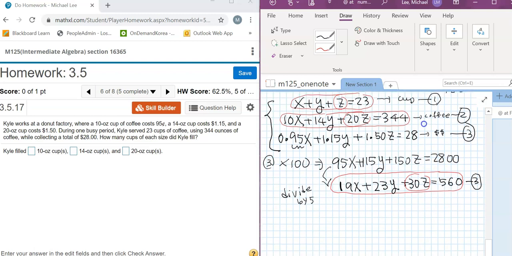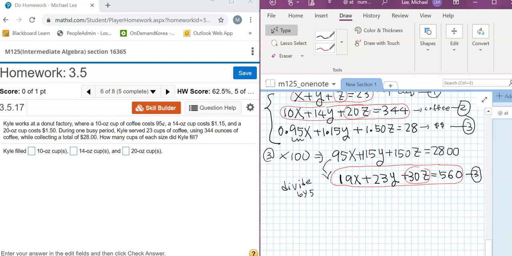Okay, so now I'm going to do 1 times negative 20. Okay, so negative 20x minus 20y minus 20z equal to negative 460.